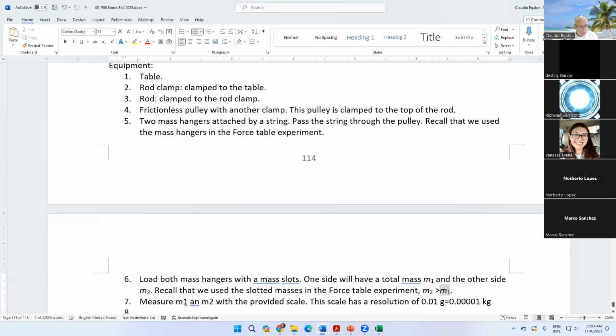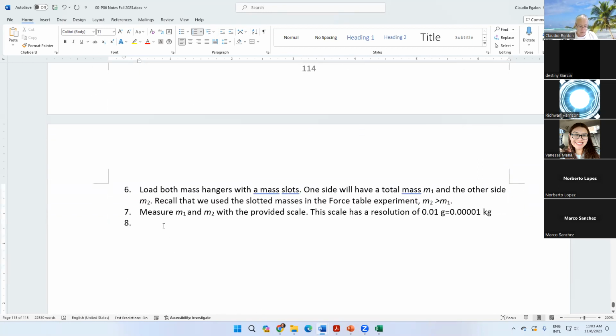M1 and M2. Like that. Next, measure the initial height of M2 using a meter stick.